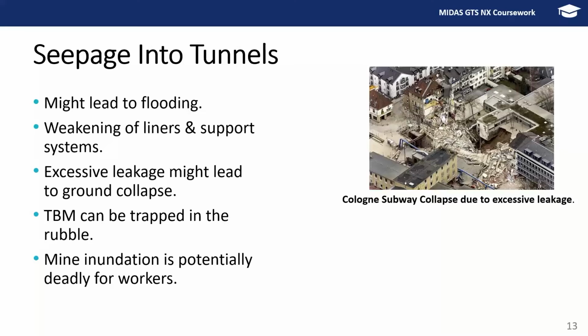Inundation is nothing but excessive flooding of the mine. Mine inundation is one of the largest causes of death in the mining industry all over the world. A lot of countries where coal mines are operated. Even in India, the most dangerous incident of mine inundation happened in a coal mine where unfortunately 345 people lost their lives in a single day. So that is why we can understand the gravity of the situation, and why it is very important to study the seepage into the tunnels.